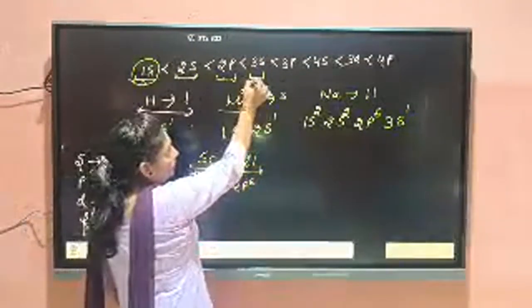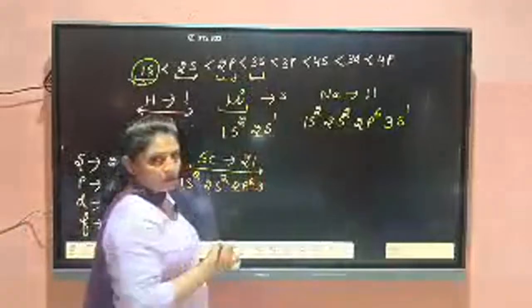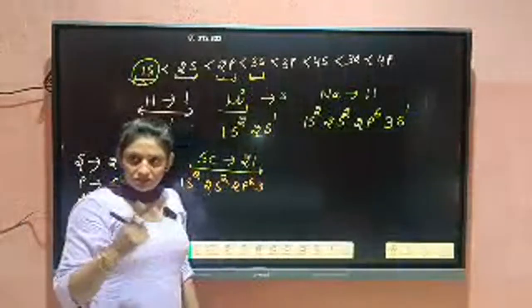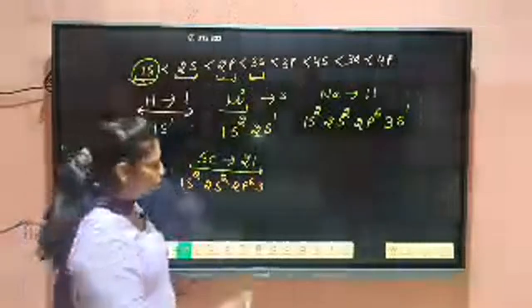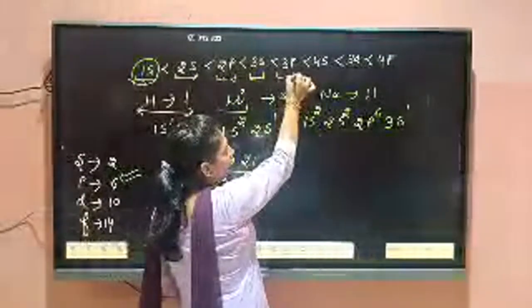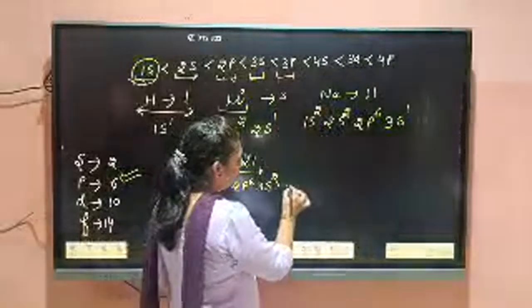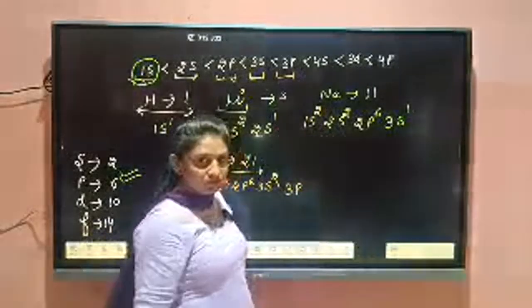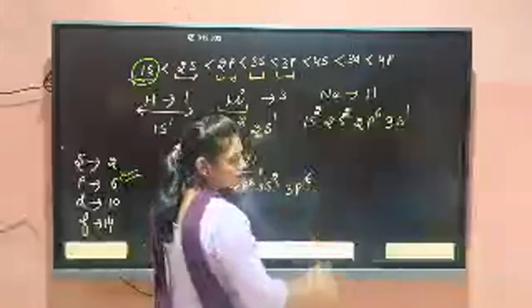Then in 3s, we can fill maximum 2. So 3s2. Then move to the 3p. Again in p, we can fill maximum 6.